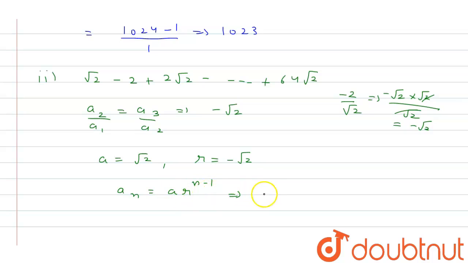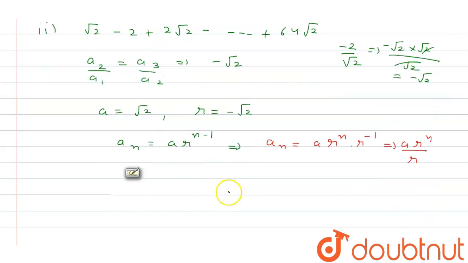We can write this as an is equal to A into R^n into R^(-1), or A R^n divided by R, so simplifying, an into R is equal to A R^n.